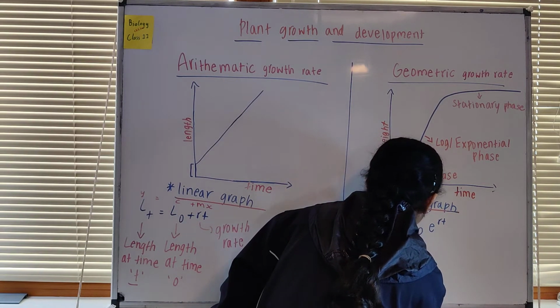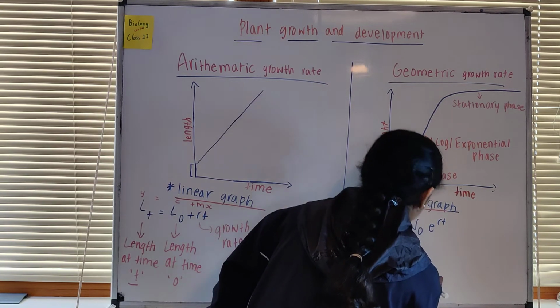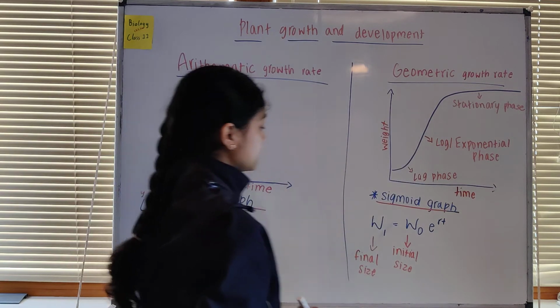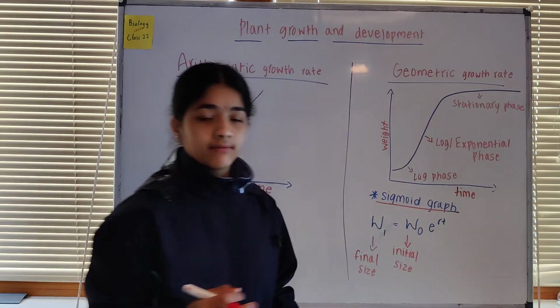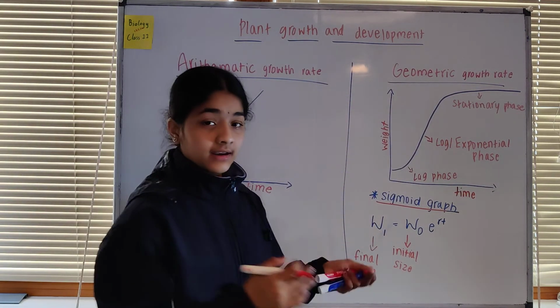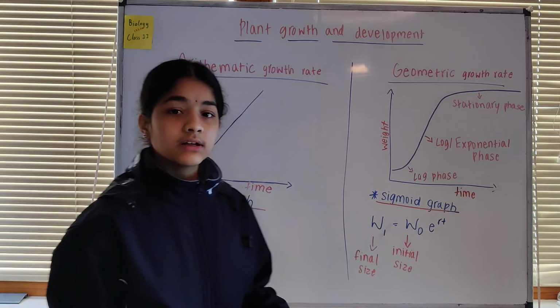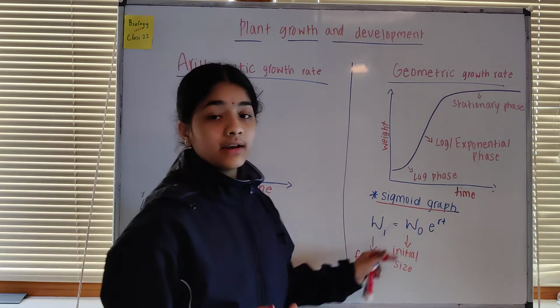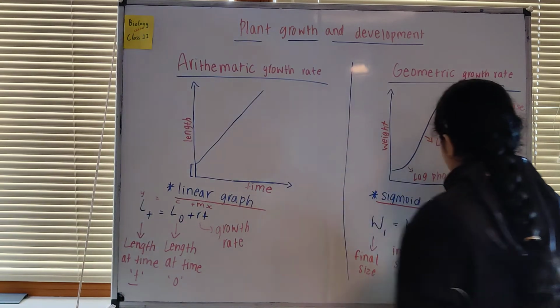W0 is the initial size. So it's the size at time 0. That means initial size. So when the plant is starting its rate of growth, what is the weight of it? It's the weight at time 0, initial size.